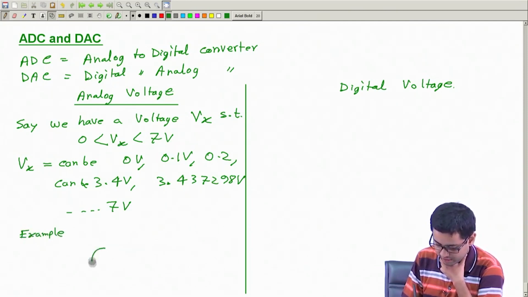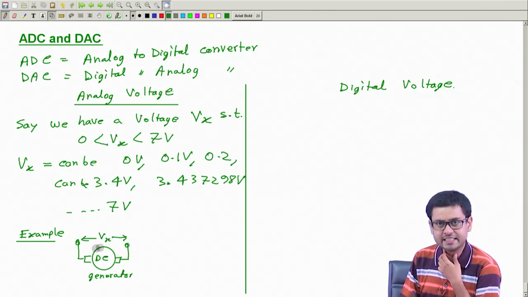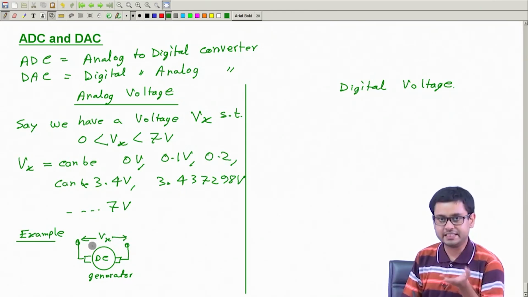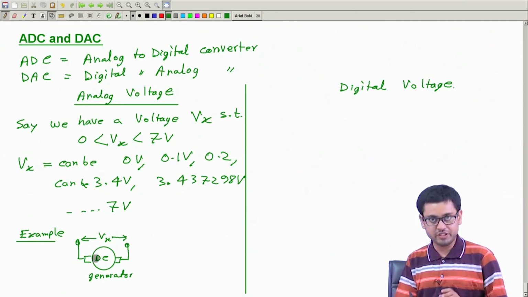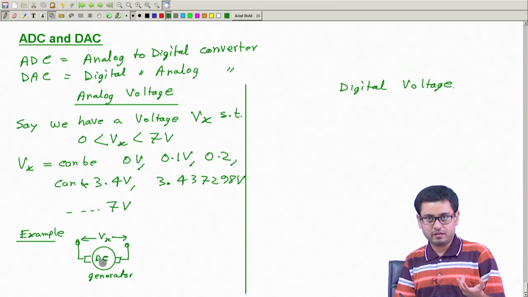Let's take an example. Think of a DC generator. The output voltage can be changed by changing the strength of the magnetic field or by changing the speed of the generator, and you can change the speed continuously: 300 rpm, 301 rpm, 400, anything.